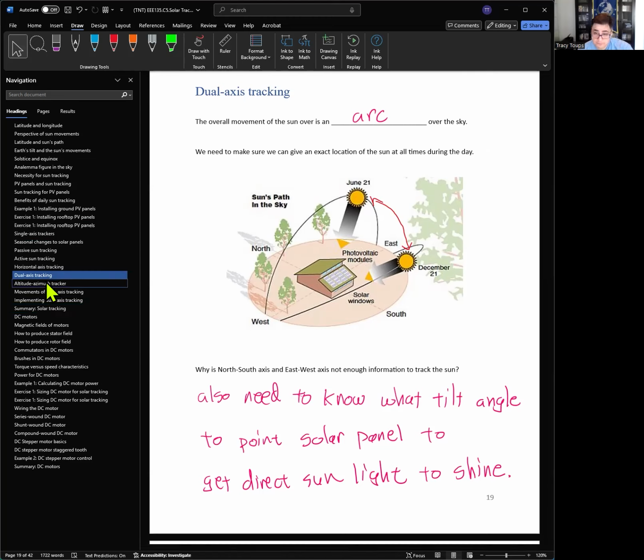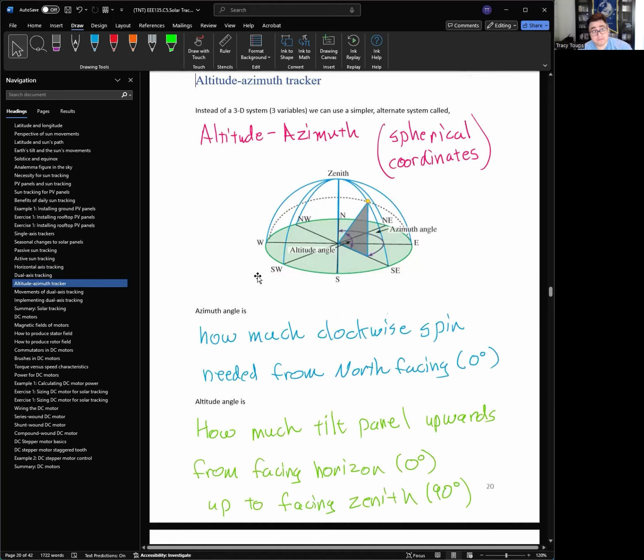So a lot of astronomers, the astronomy community, figured that a coordinate system like longitude, latitude is not enough. We need something more detailed, and we decided to use an altitude azimuth tracker. This is instead of a 3D system with three variables, because technically we could use X, Y, Z coordinates.